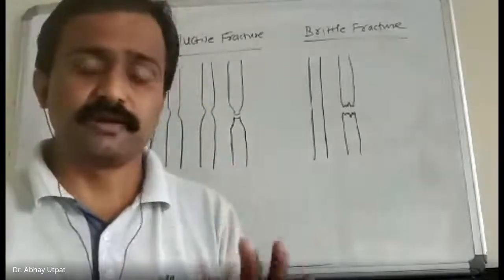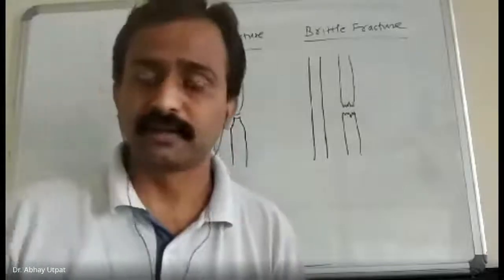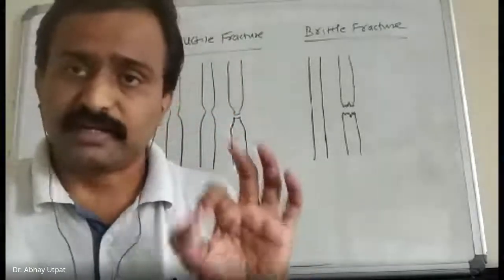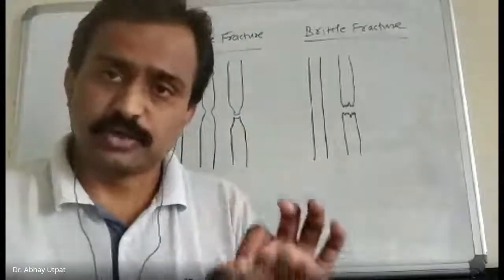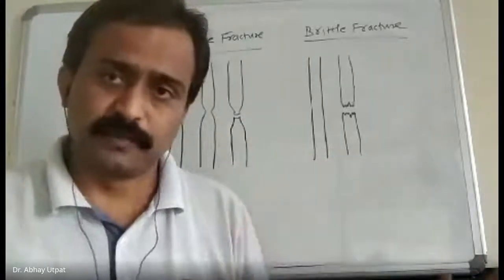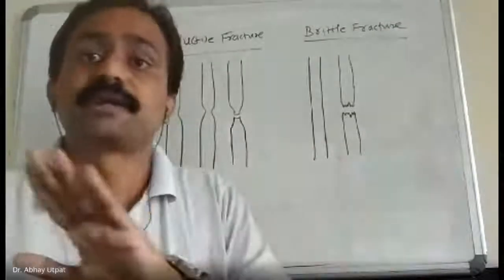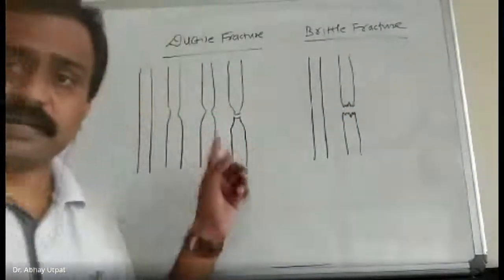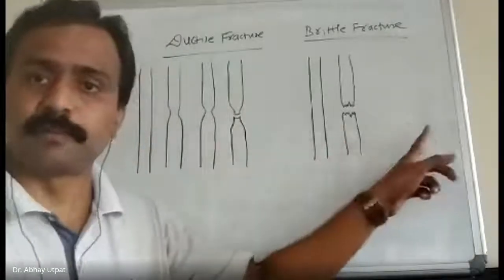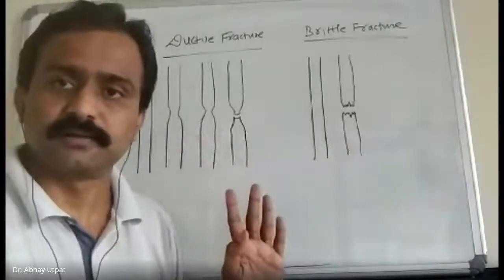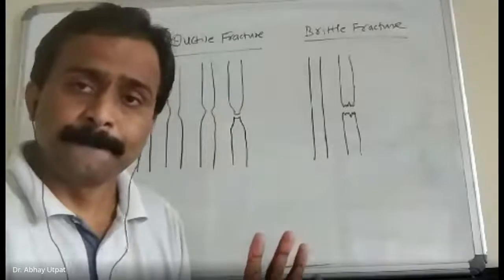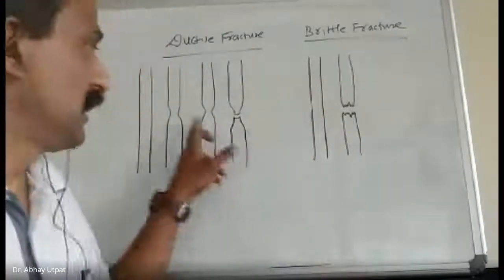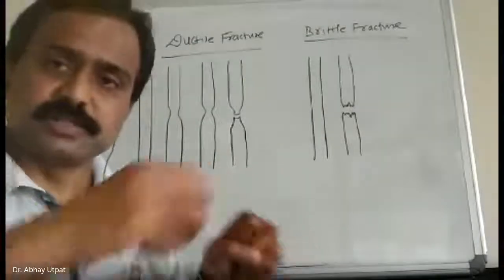Now, a very important statement I am making here. You may feel that ductile material shows ductile fracture and brittle material shows brittle fracture, but it is not always. Many times ductile material shows brittle fracture. I repeat once again, in normal circumstances with gradually applied load, ductile material shows ductile fracture, meaning elongation.